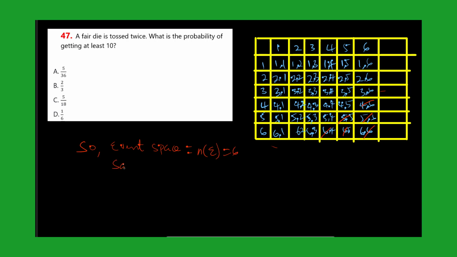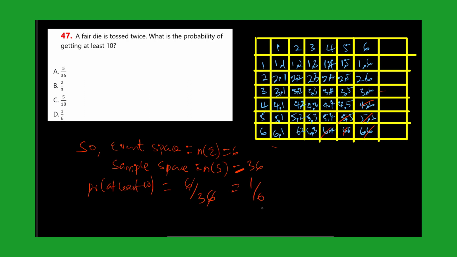Then the sample space is 36. Therefore, probability of at least 10 equals 6 divided by 36, which is 1 over 6. That is our answer, which is option D.